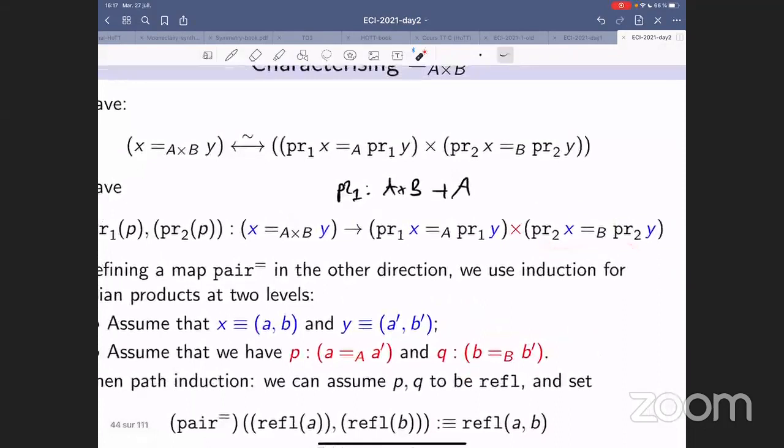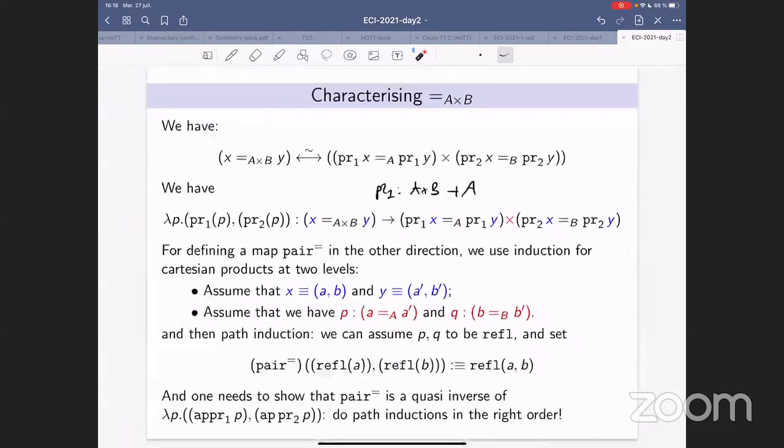But since previously we assumed that X is (a, b) and Y is (a', b'), this guy is definitionally a and this guy is definitionally a'. So it means that I have a proof P that a is equal to a' and a proof Q that b is equal to b'.